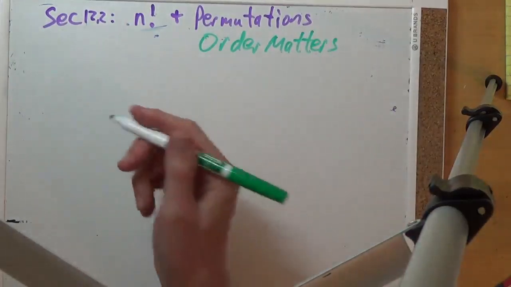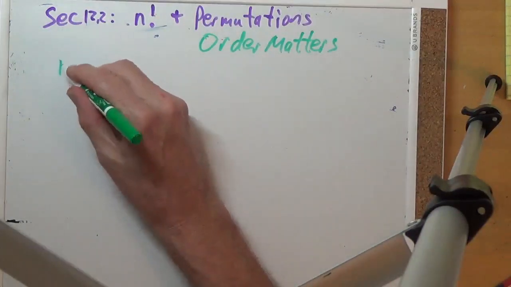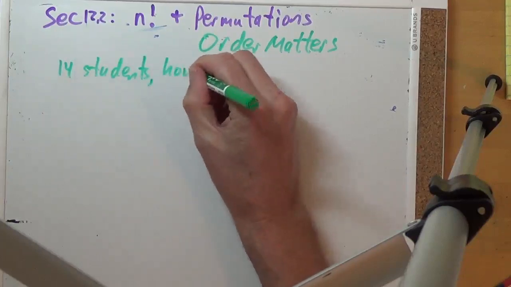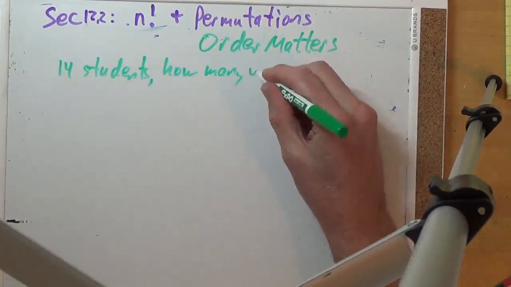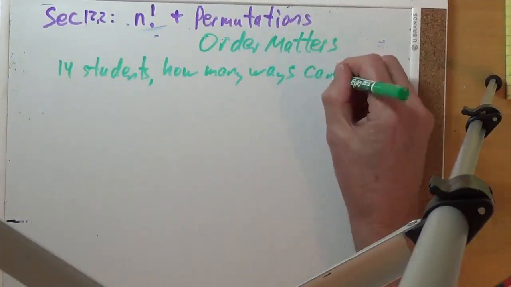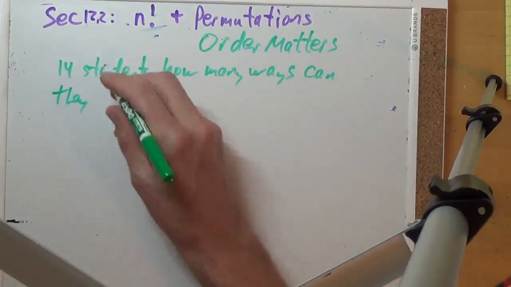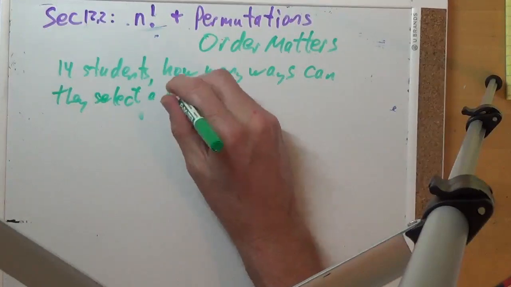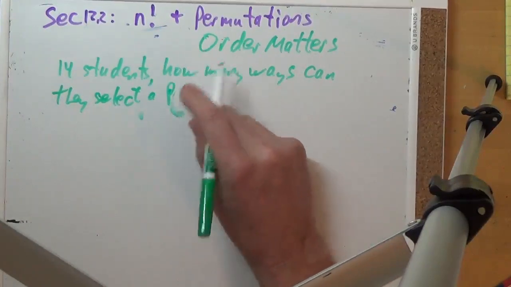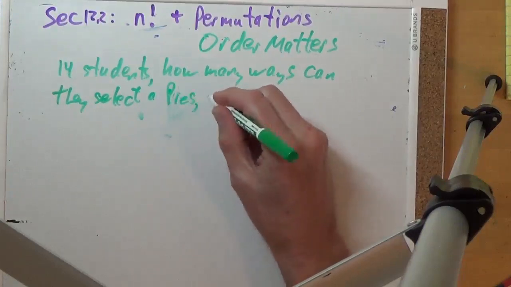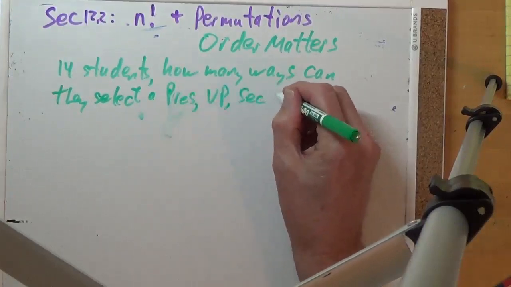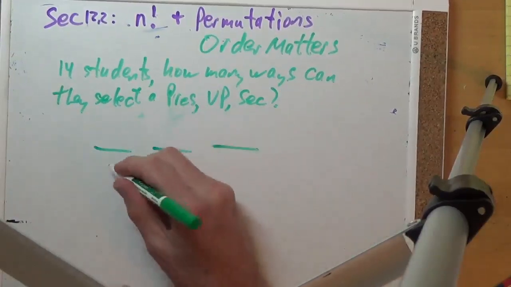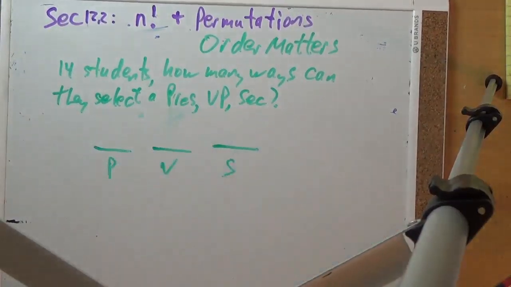So if I said 14 students, how many ways can they select a president, a VP and a secretary. Okay, so we've imposed an order on these three slots. We got the Pres, the VP, and the secretary.